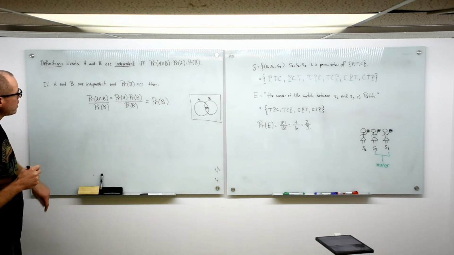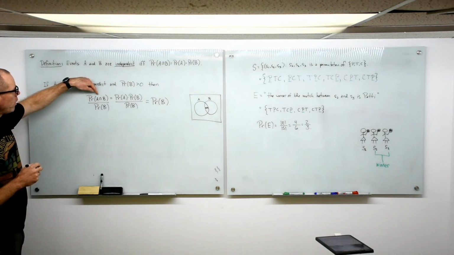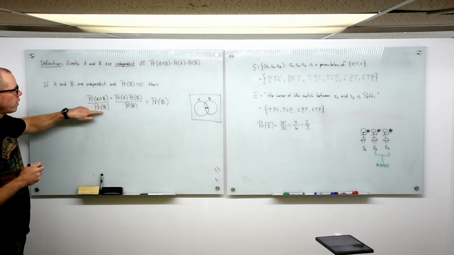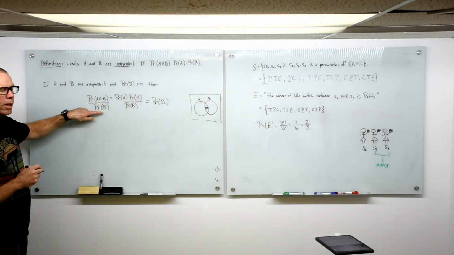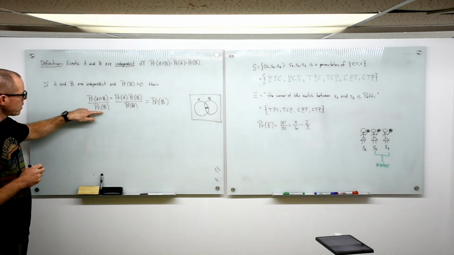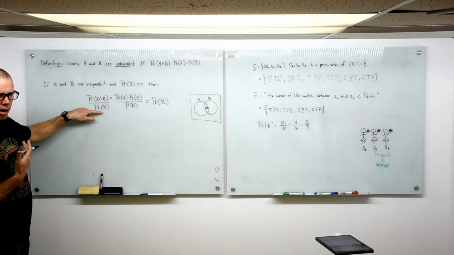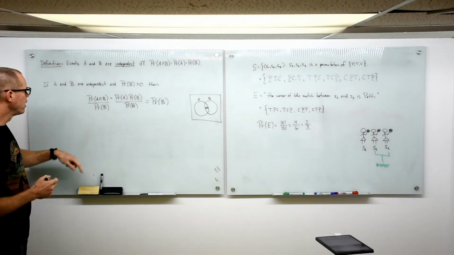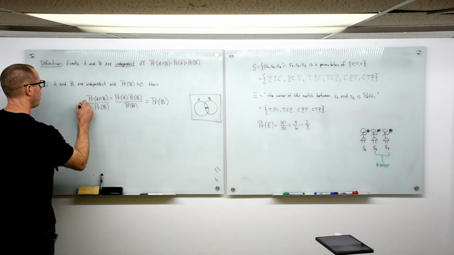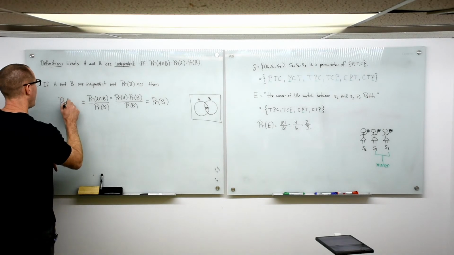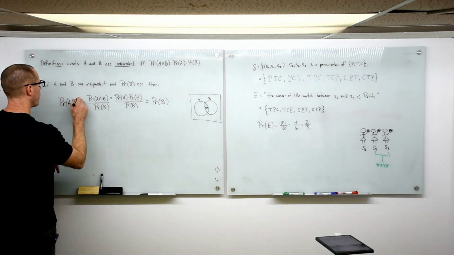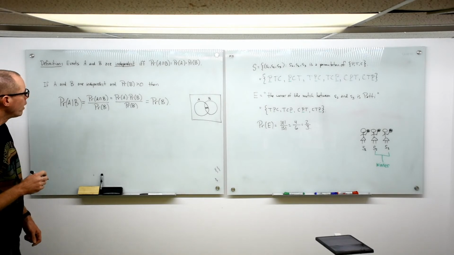And the thing on this side, this is probability of A and B divided by probability of B. That's something that corresponds to a definition we saw last class, which is actually the probability of A given B. Okay.